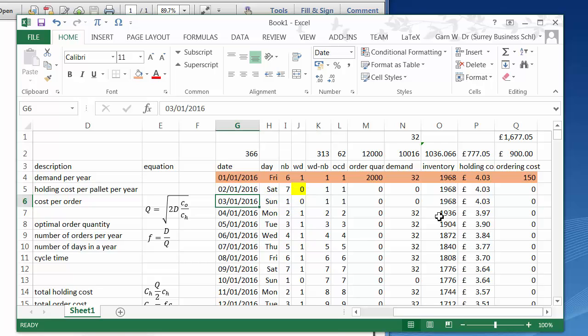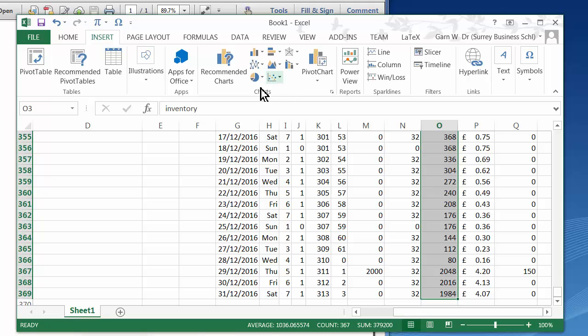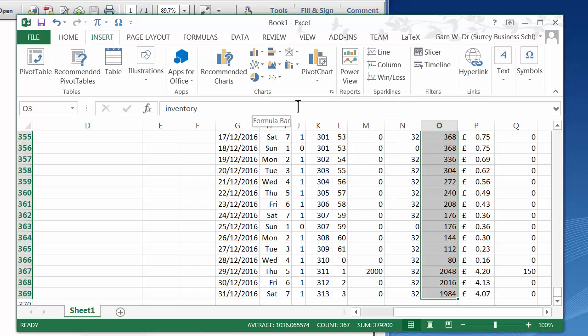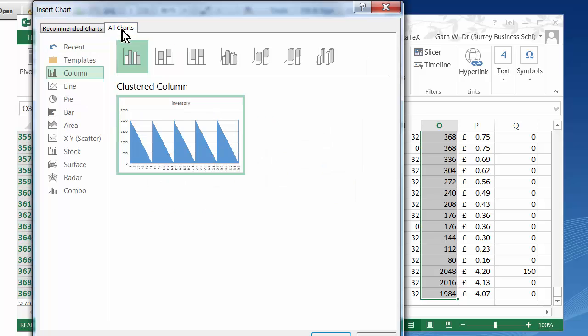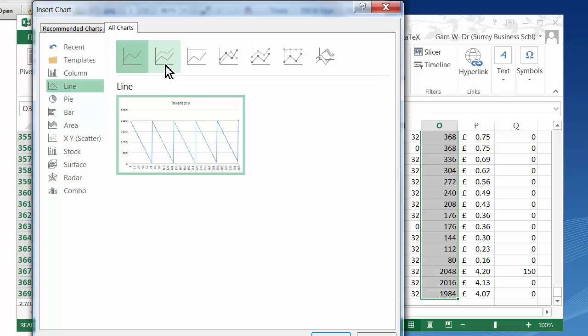We can also see how the inventory develops. So we can just insert a graph. Let's insert a line graph. So that's good enough.